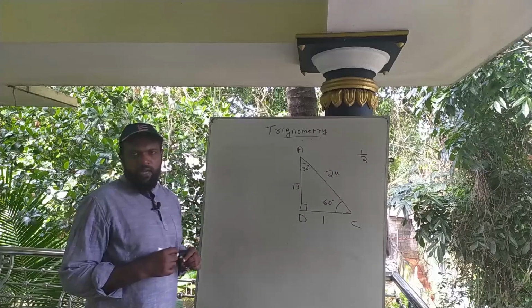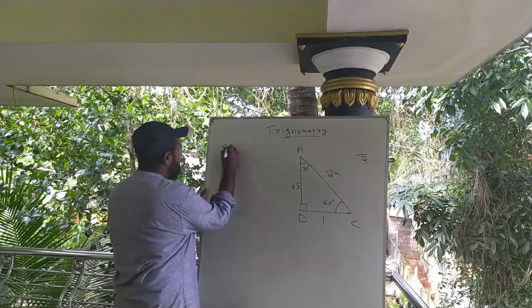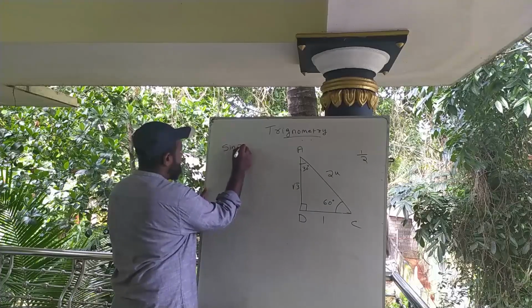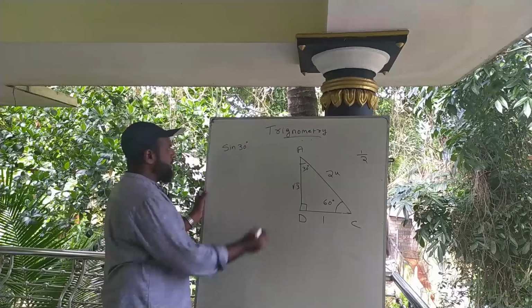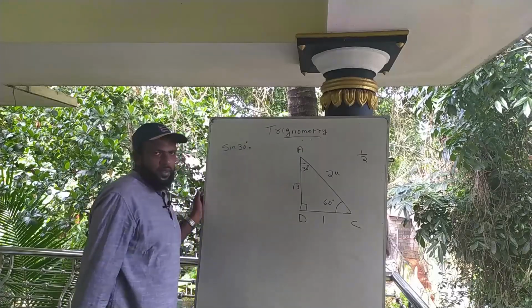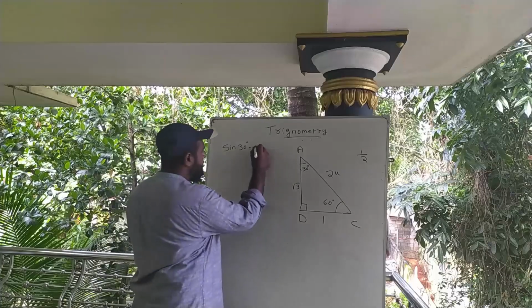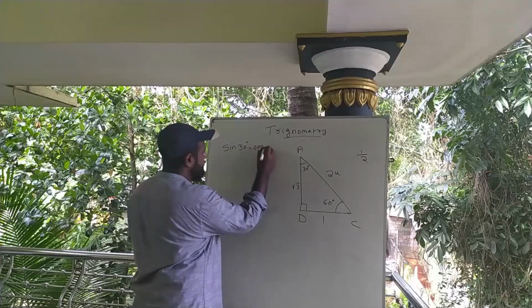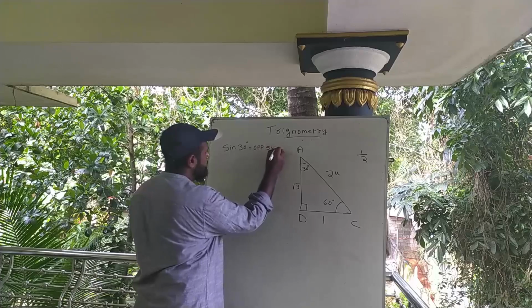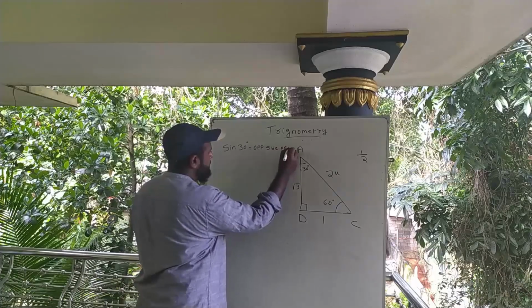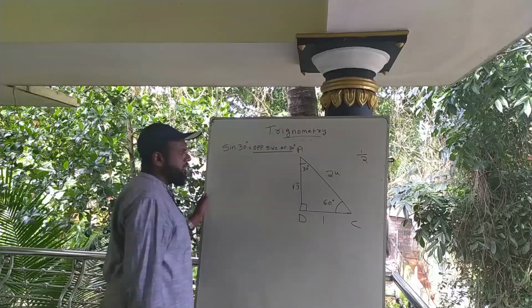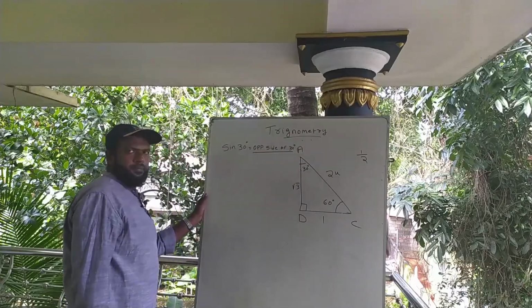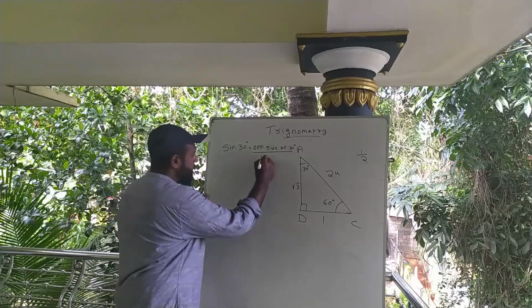First of all, we can find what is sin 30. Sin 30 degree. What is sin 30 degree? Equal to opposite side of 30 degree by hypotenuse.